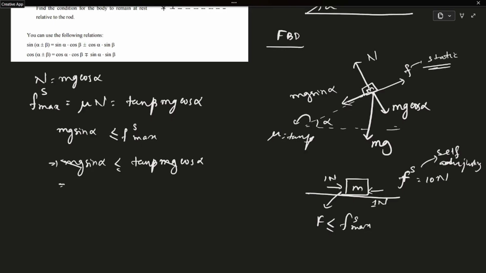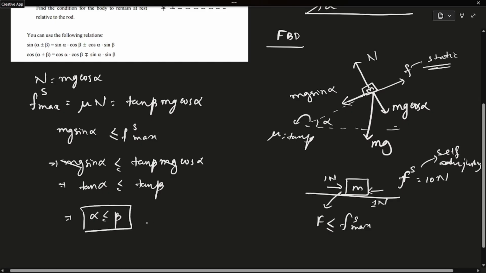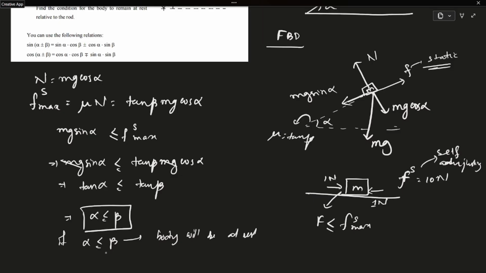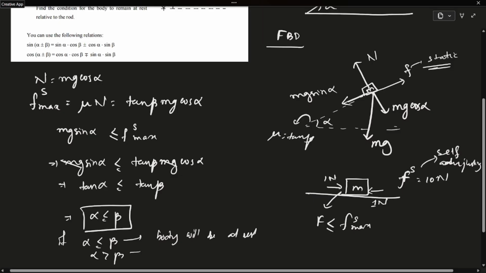Mg gets cancelled, so tan alpha should be less than or equal to tan beta. So alpha should be less than or equal to beta. If alpha is less than or equal to beta, the body will be at rest. If alpha is greater than beta, the body will start to move.